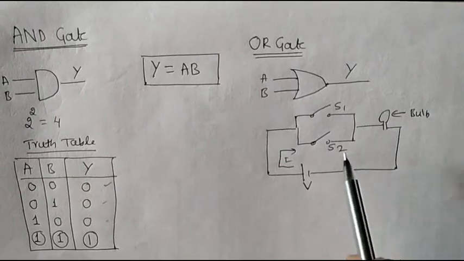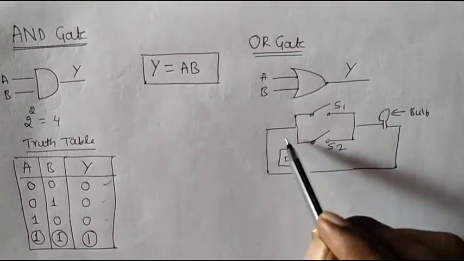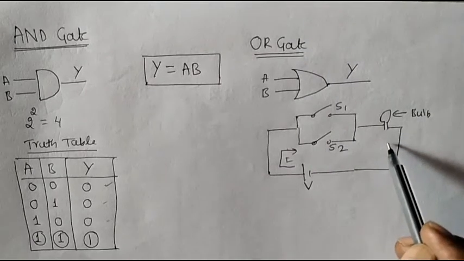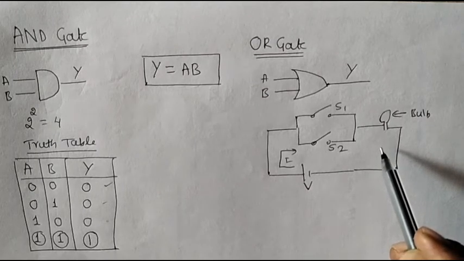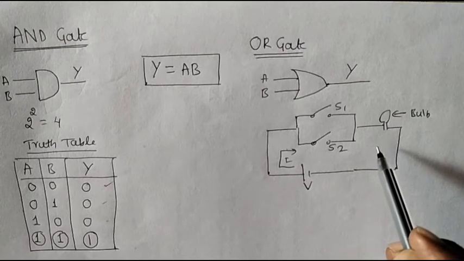When S2 is closed and S1 is open, in that case the current will follow this path, therefore the bulb will glow, that is nothing but output is equal to 1. When both the inputs are closed, then also current flows and the output is 1.